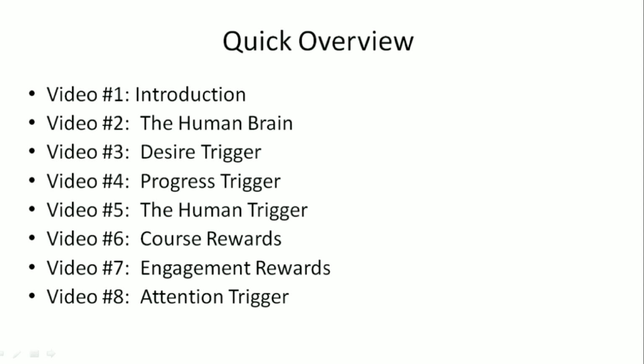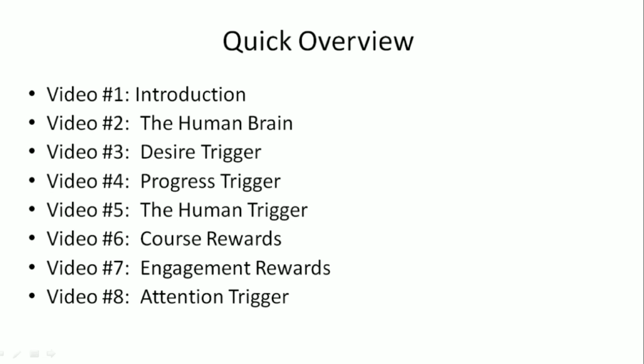Now, once we talk about that, video 3 is going to be talking about the desire trigger. From here on out, we'll talk about different triggers that you can activate within the human mind to get your students to move forward. Now, we're not doing any trickery or deceptiveness or anything like that. It's merely things that will help them along the way to motivate them naturally to continue on.